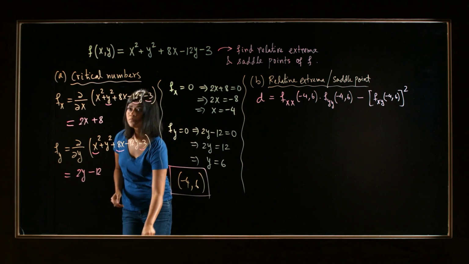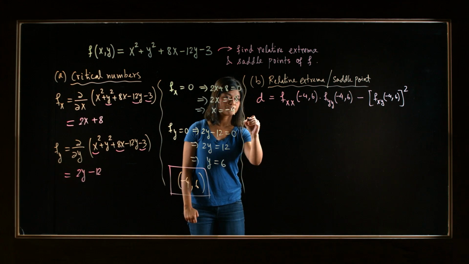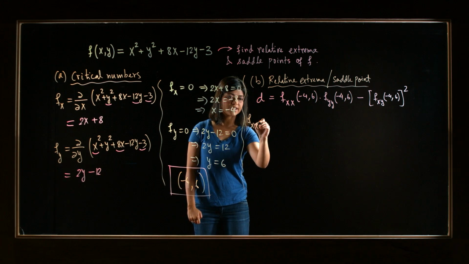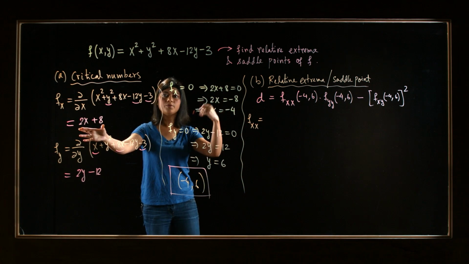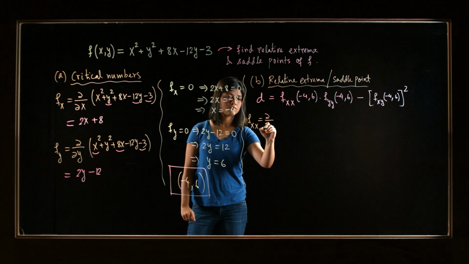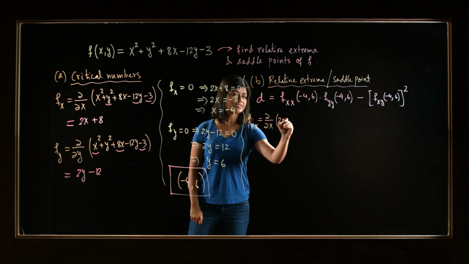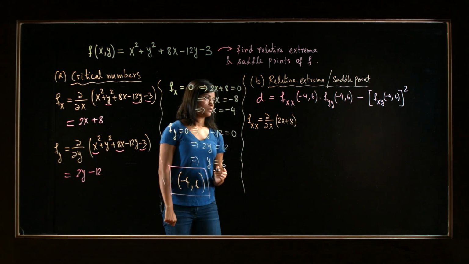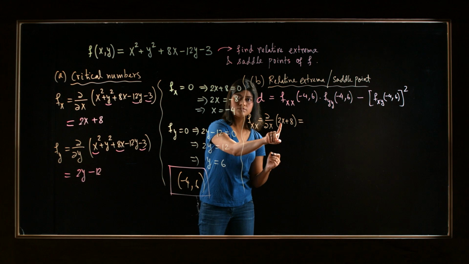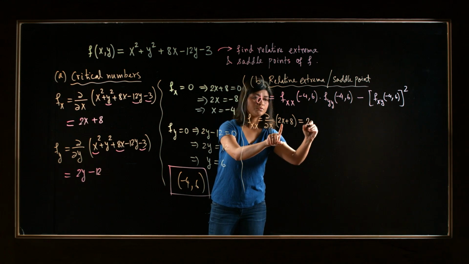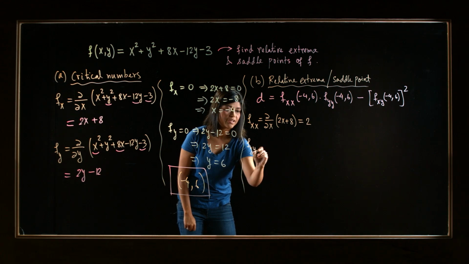All right, so let's try to compute it right here. What is fxx? fx is right here, and we have to take the partial with respect to x. So this is the partial with respect to x of 2x plus 8. The derivative of 2x is 2, derivative of 8 is 0. Now what about fyy?